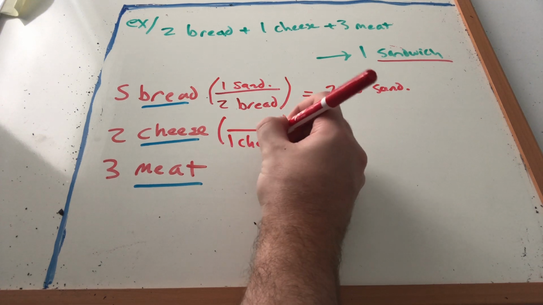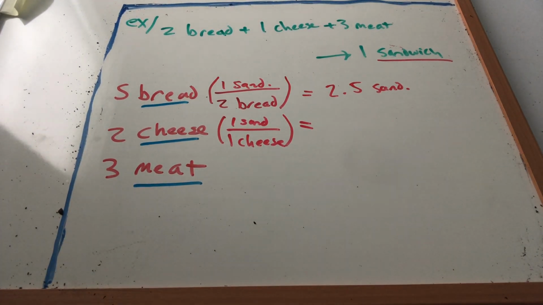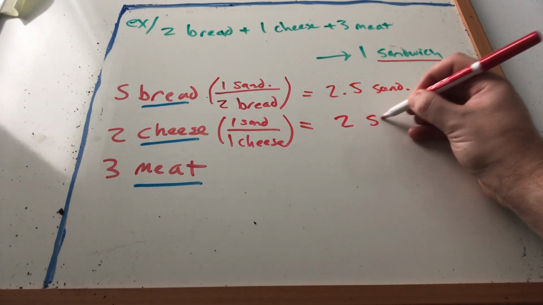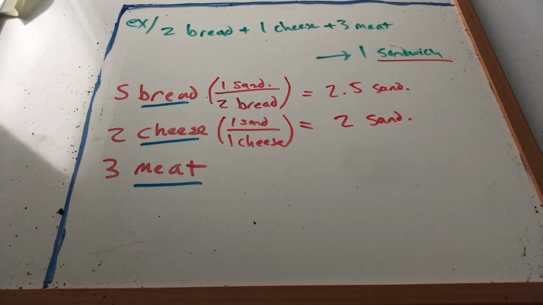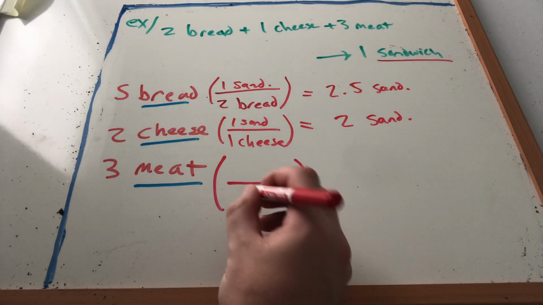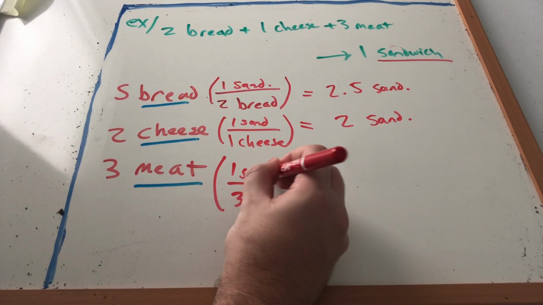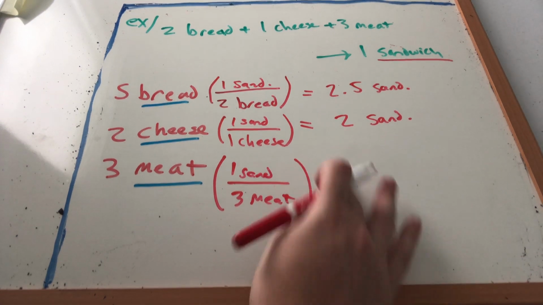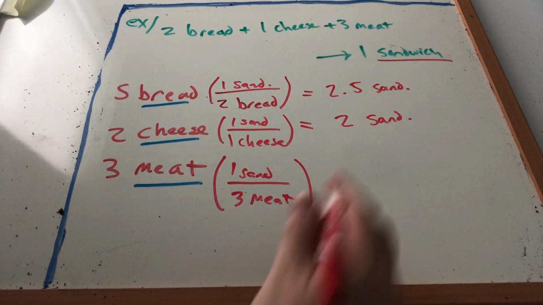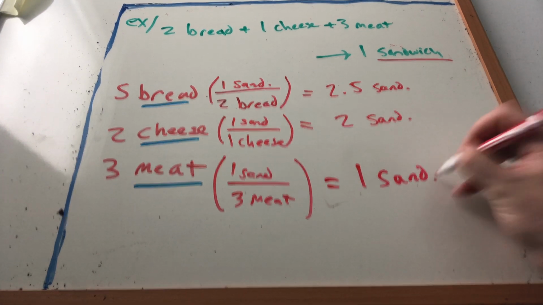Well, there's 1 piece of cheese for every 1 sandwich. So this means that these 2 pieces of cheese could possibly make 2 sandwiches. And finally, 3 pieces of meat. Based off the reaction given, 3 pieces of meat give me 1 sandwich. Oh, so when I do this conversion, I see that I get 1 sandwich out.